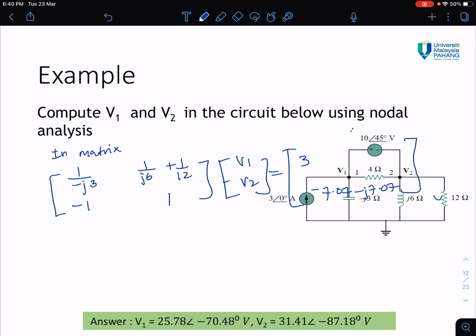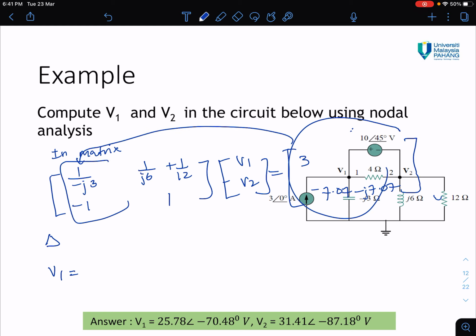The next step, you need to find the determinants, and then you need to find V1. How can we calculate V1? We need to change this part into the first column.